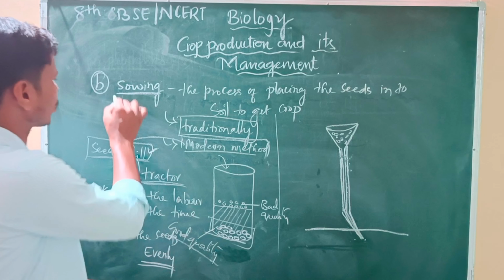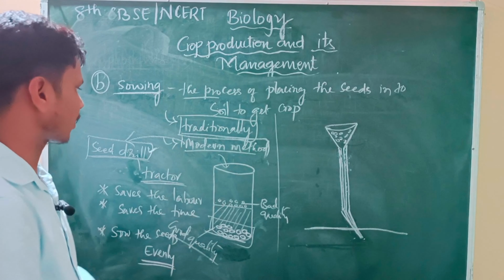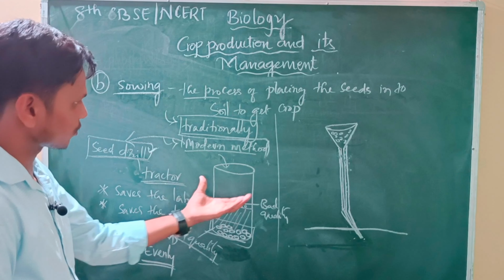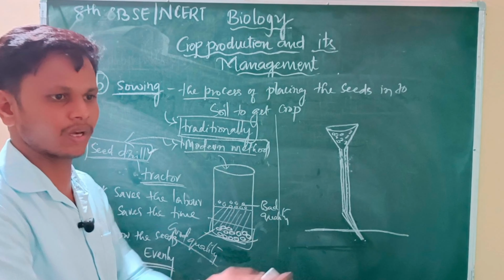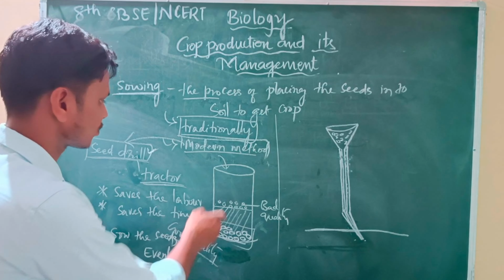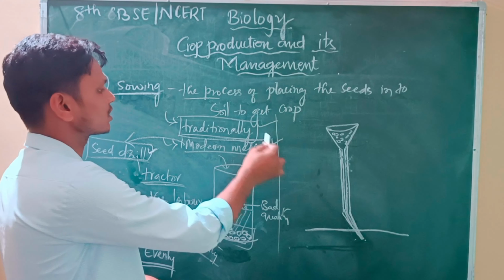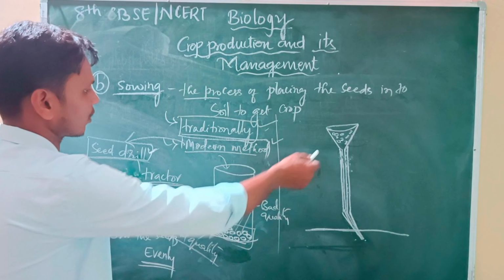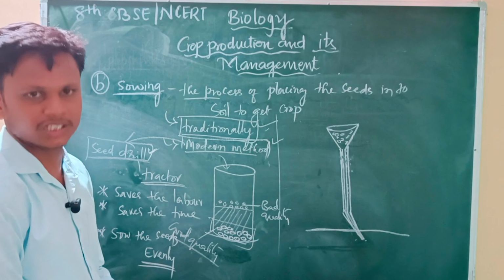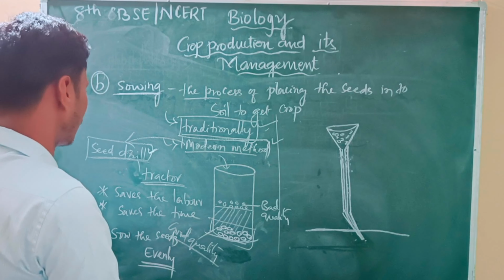What do you mean by sowing? The process of placing the seeds into the soil to get a crop is called sowing. How will farmers select the seeds? By separating the bad quality seeds from good quality seeds using this method. And we have two different methods to sow the seeds. One is the traditional method, where a funnel shaped structure is used to sow the seeds, driven by bulls, ox or cows.